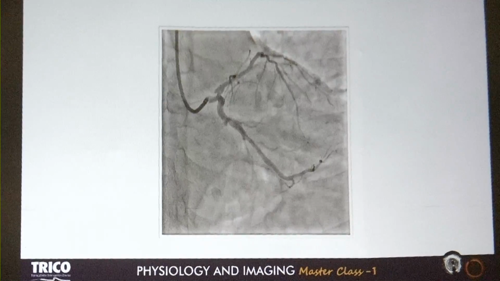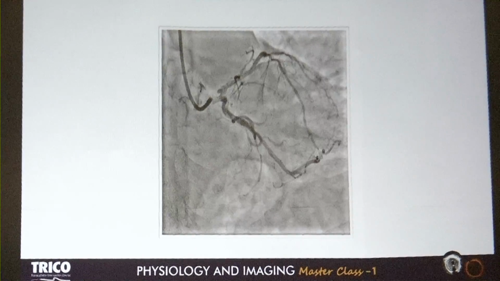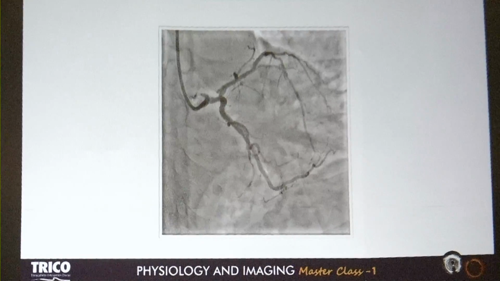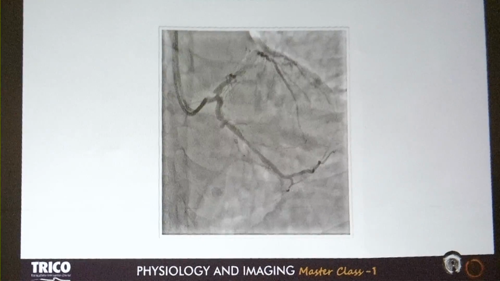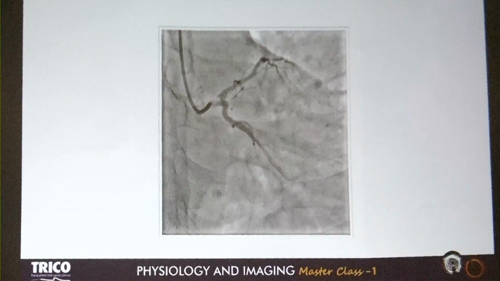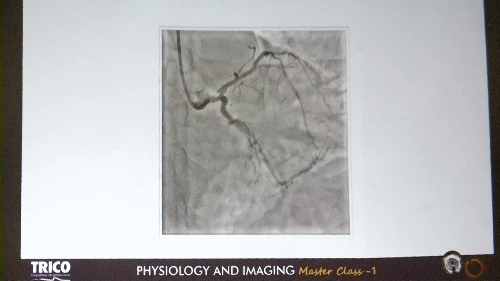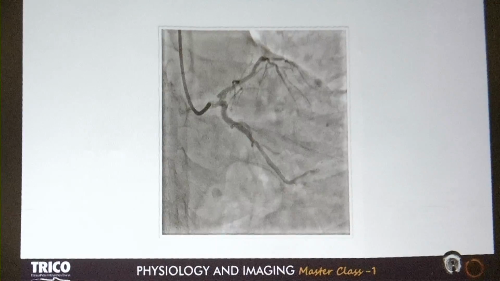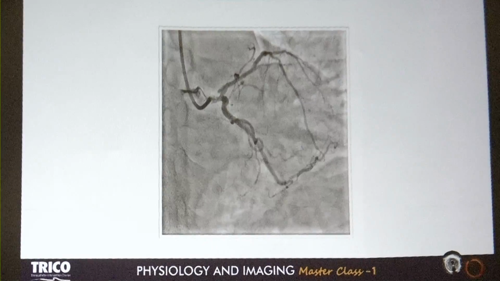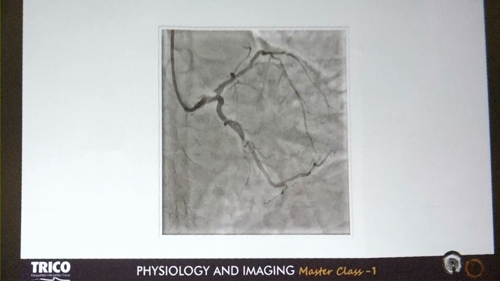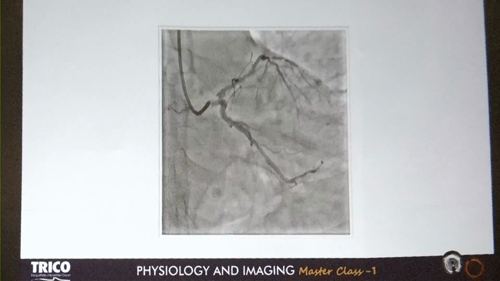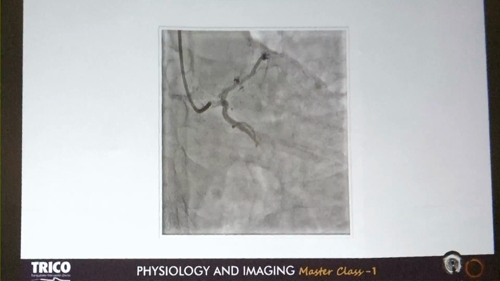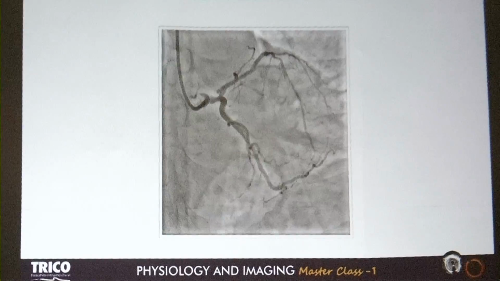You can see the stent is just after the origin of the LAD, and this is the aneurysmal segment. The stented segment looks good. Now, what is this? It seems there is ulceration, as he presented with acute MI, or maybe aneurysm secondary. The patient presented with anterior wall MI.